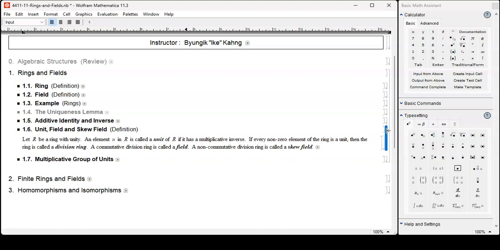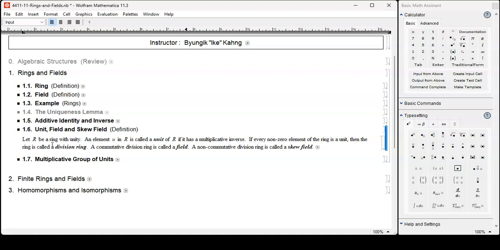Just some names. Let R be a ring with unity. An element u is called a unit if it has a multiplicative inverse. Remember, not everything has a multiplicative inverse. If every non-zero element has a multiplicative inverse, then that ring is called a field. That commutative ring has to be a field, excuse me.